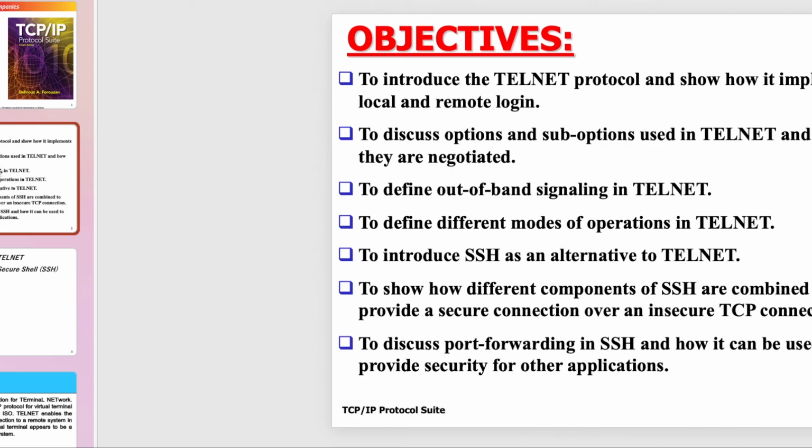It also introduces SSH as an alternative to TELNET, shows how the different components of SSH are combined to provide secure connections over an insecure TCP connection, and discusses port forwarding in SSH and how it can be used to provide security for other applications.